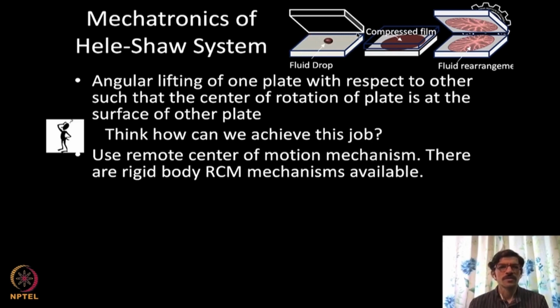Which will work well for this process, but to move things at slow speeds, you'll have joint friction, the friction in the joints of these rigid body RCM mechanisms, and if you want to move slowly with friction, it is very tough to do. You know that, right?